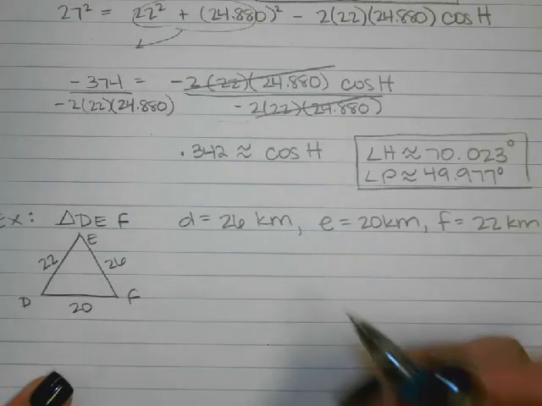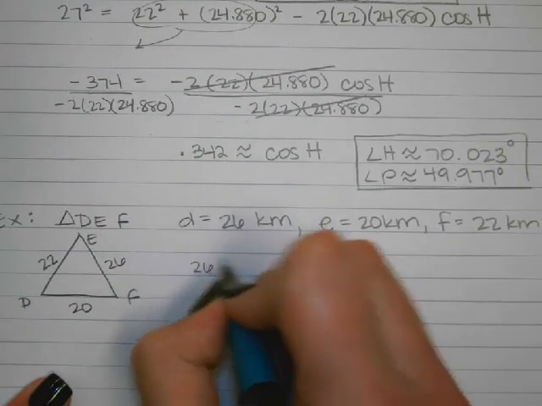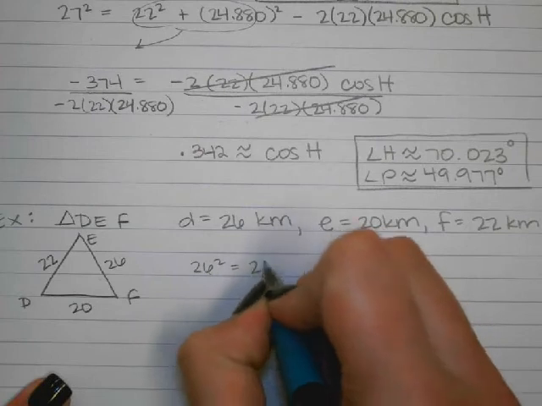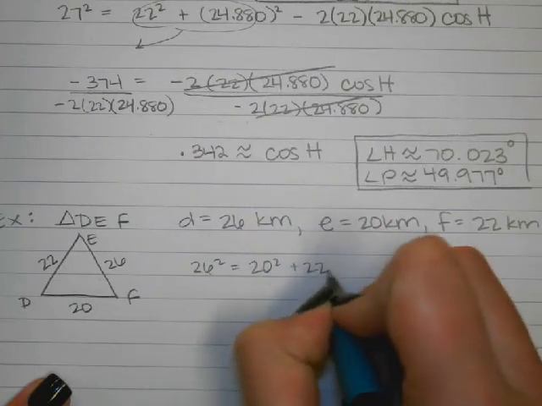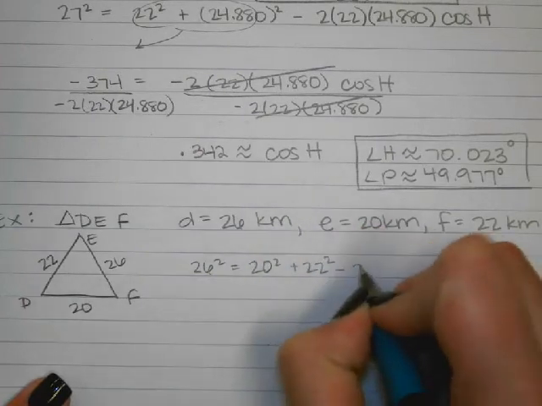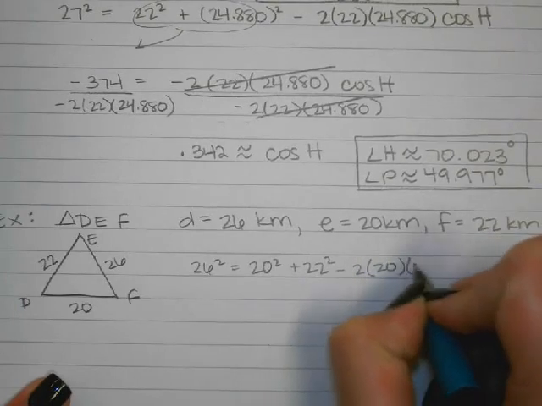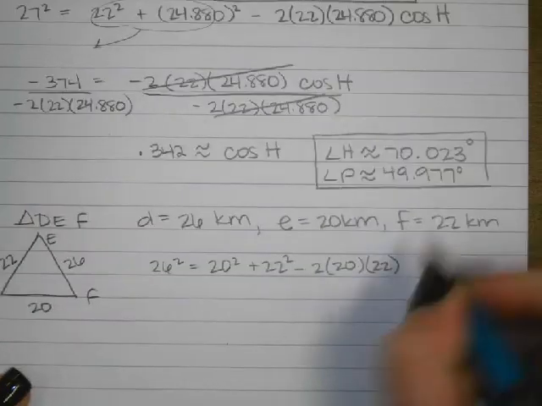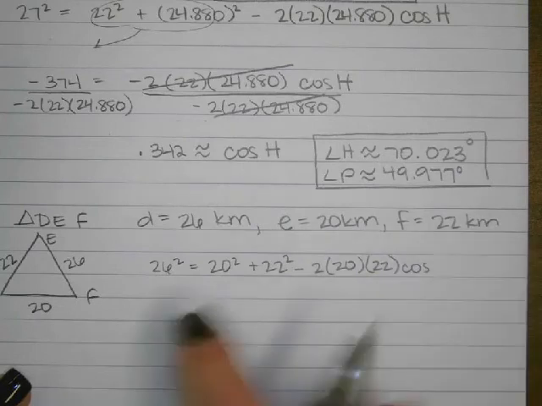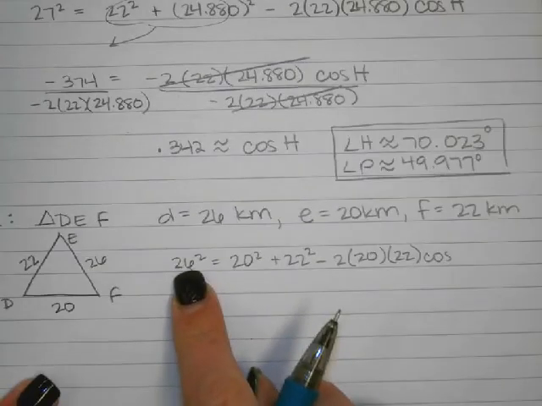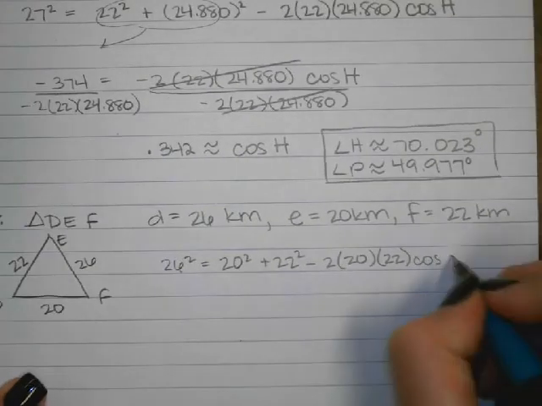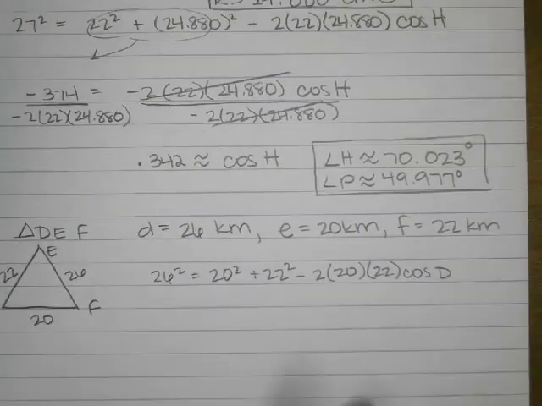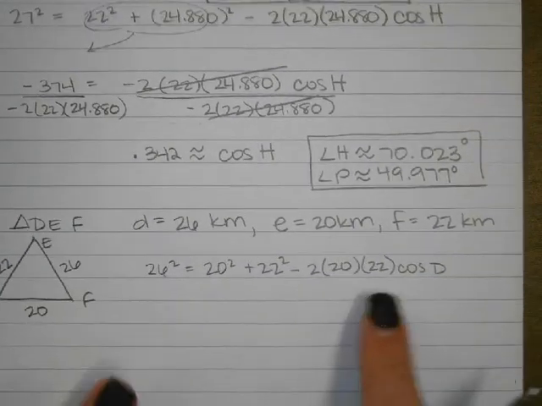So I'm going to say biggest side squared equals one side squared plus the other side squared minus 2 times one side times the other side, and then cos of the angle that goes with this one, so that's D. Then we'll start solving.